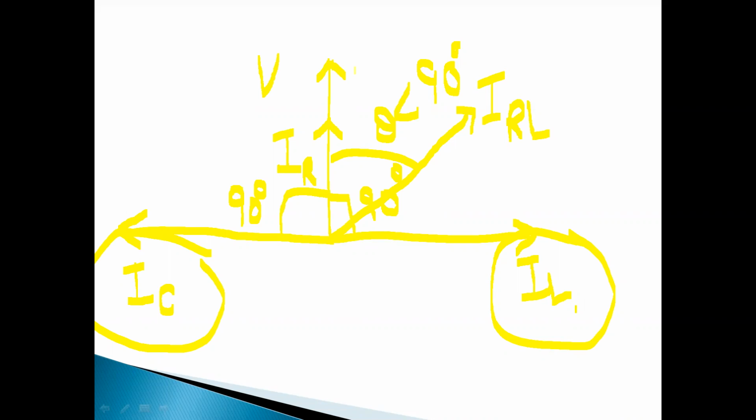Pure resistor IR is in phase with the voltage, pure inductor IL lags the voltage by 90 degrees, pure capacitor IC leads the voltage by 90 degrees, and an RL load lags the voltage by less than 90 degrees. These are the relations between voltage and current for pure resistor, pure inductor, pure capacitor, and RL load. Generally we have RL loads; about 90% of loads are RL loads.